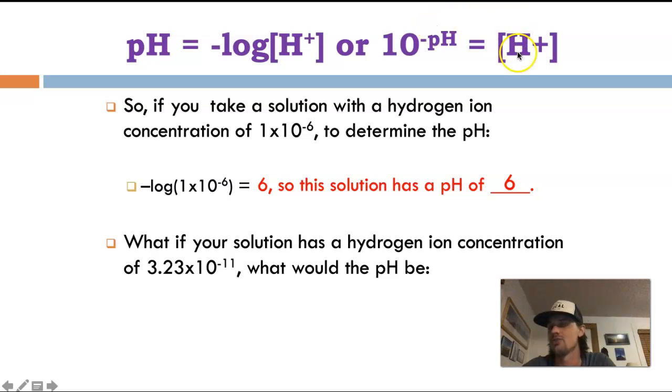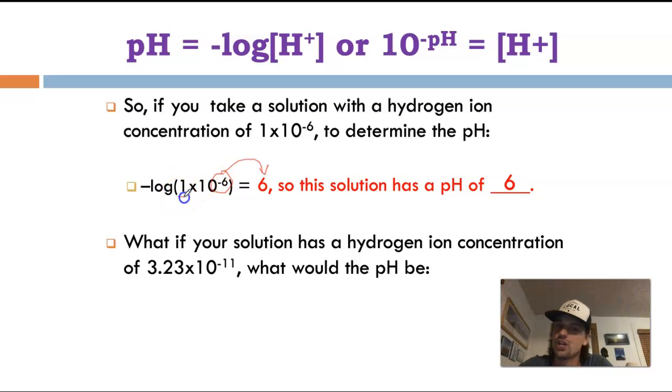Now, working backwards, if I'm given the pH and I want to get the hydrogen ion concentration, I'm going to use this up here. But we'll get to that in just a minute. What if your solution has a hydrogen ion concentration of 3.23 times 10 to the negative 11th? Like I said, this exponent does have something to do with it, and it is easy to look at that exponent if your coefficient is 1.